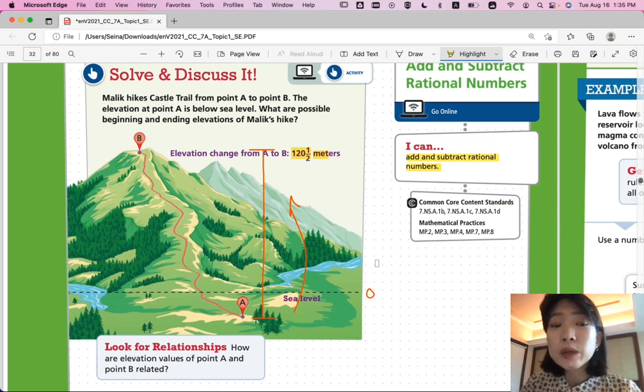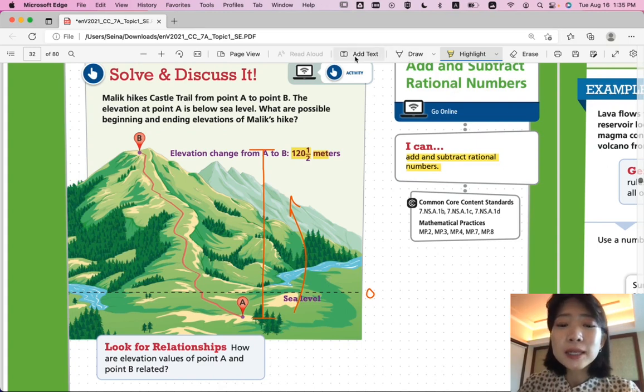So that means we don't have an exact answer. We could have multiple, many, numerous answers. So we can just choose a number for A, and then we find elevation of B that has a change of 120.5 meters from A.